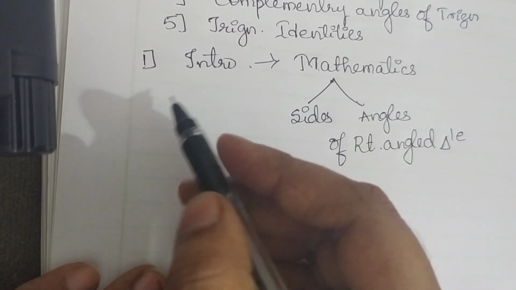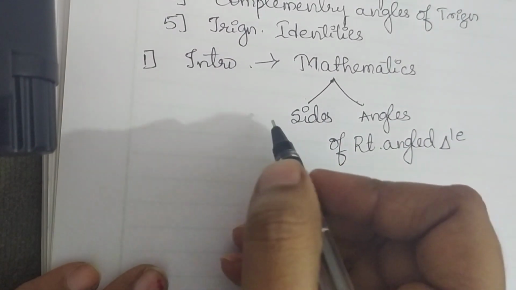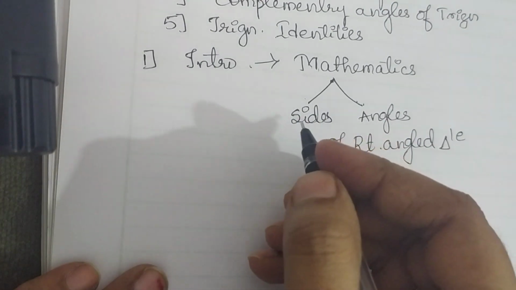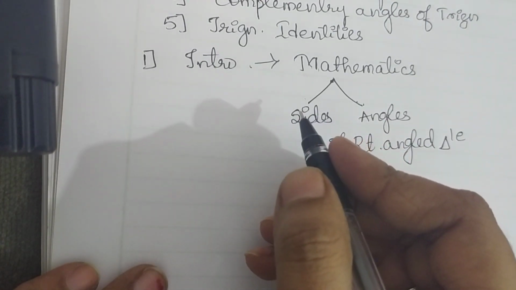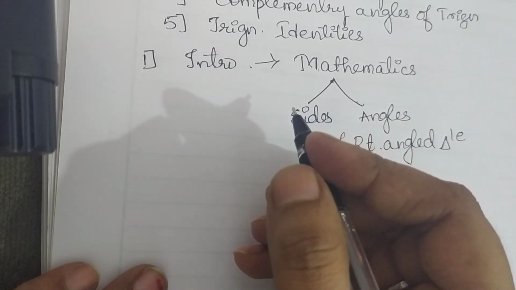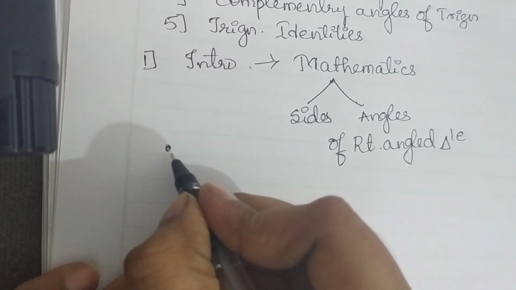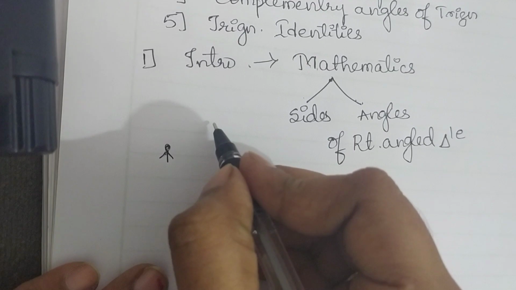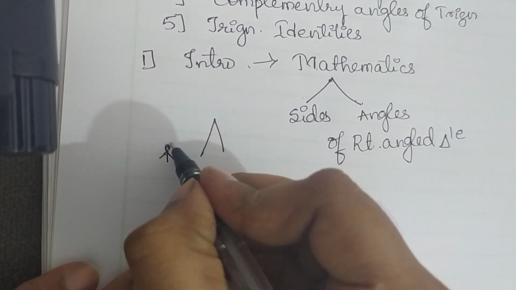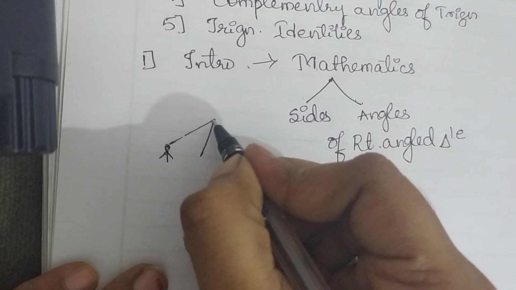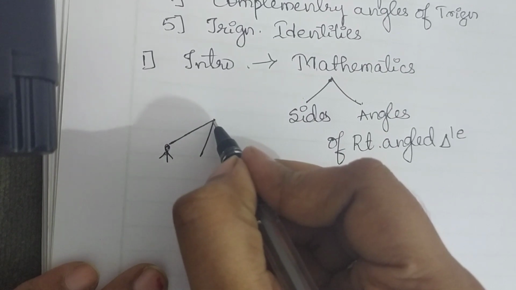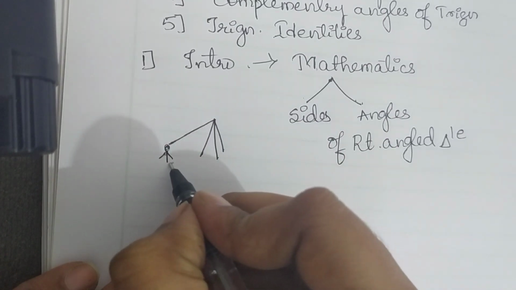If you want to use trigonometry in day-to-day life, how are you going to consider the applications of trigonometry? If a person is standing here and he is seeing the top of the hill, then his eyesight goes in this way, from the bottom to where he is standing.